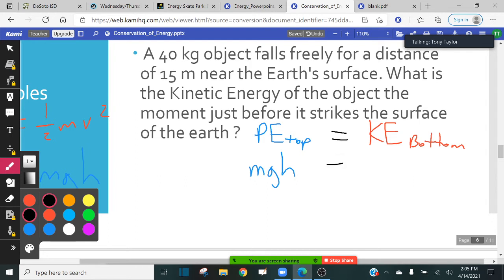Once we know that, that'll tell us what our kinetic energy is at the very bottom. So notice the mass is 40 kilograms. Little g is always 9.8. And the height here is 15. Can someone put that in your calculator and tell me what you get for the kinetic energy?